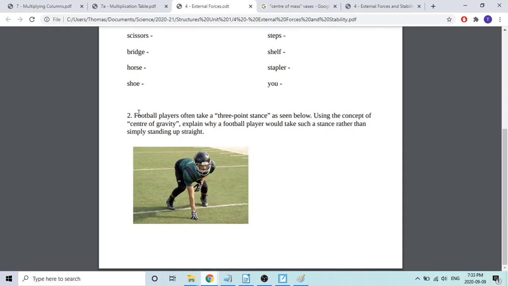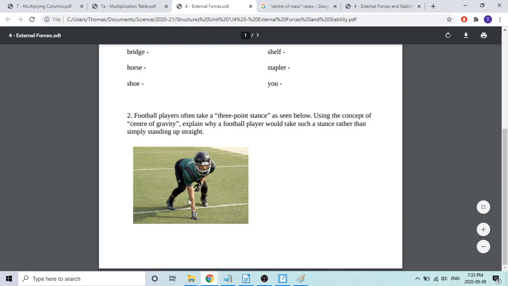Second one, we talk about a football player. It takes a 3-point stance. That's what this is called. It's because it's got 3 points, the 2 feet and the hand on the ground. So if we talk about center of gravity, why would the football player take a stance like this instead of just standing up straight?